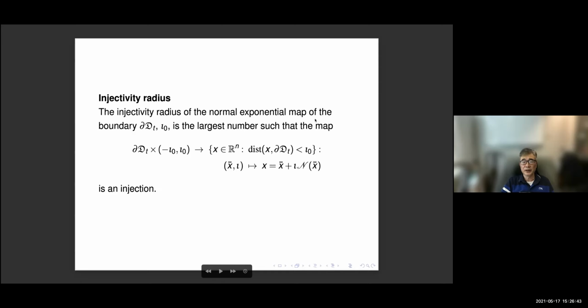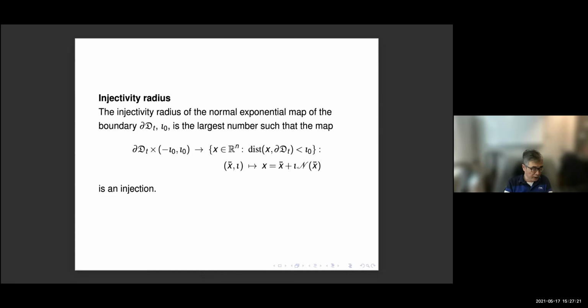This is the largest number such that this map, starting from a point on the boundary along the normal direction, is an injection. So this is called the injectivity radius.